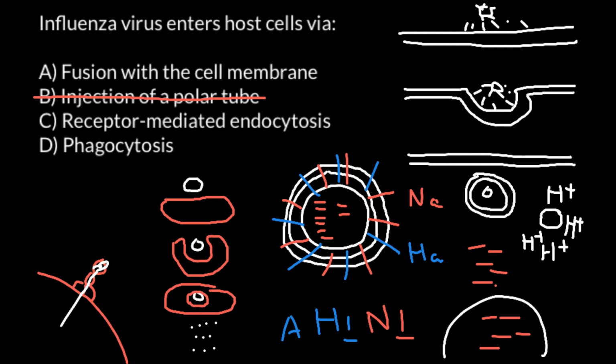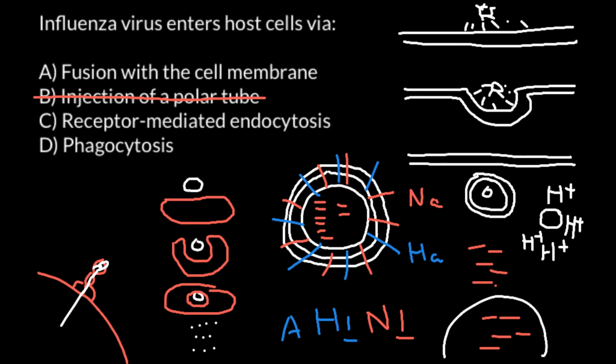And by the way, this is how HIV virus enters, taking over T cells. That also belong to these professional phagocytosis cells. But because influenza virus uses different types of cells to penetrate and replicate, we rather have to choose answer C, receptor-mediated endocytosis.